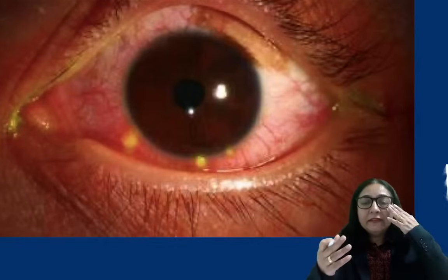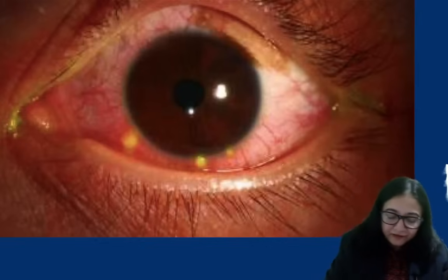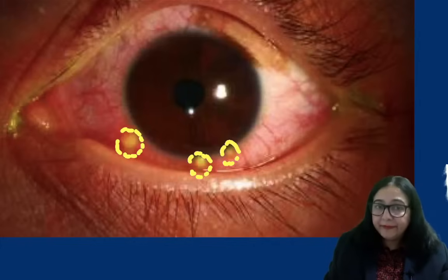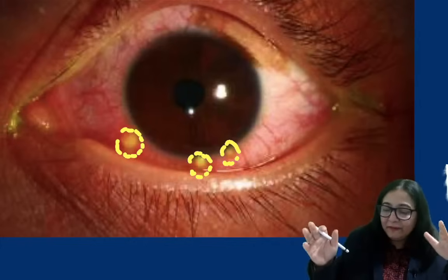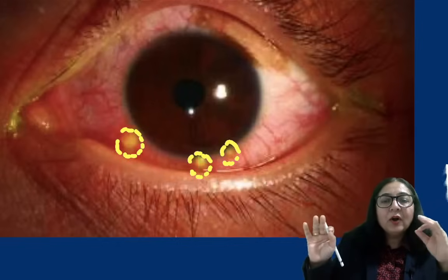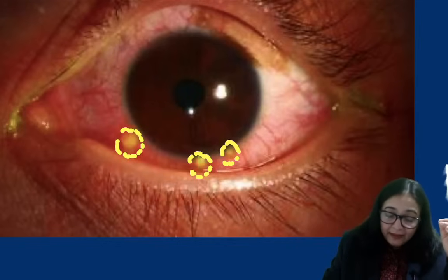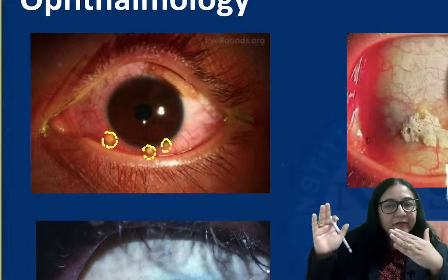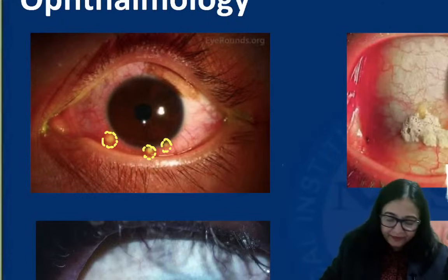It's a hypersensitivity reaction to either a staph antigen or a tubercular antigen, and they appear as isolated nodular lesions around the limbus. Mostly they are not located at the superior limbus, they will be elsewhere. They do not have any seasonal variation, so the question will give you a clue whether it's a seasonal allergy or something like that.